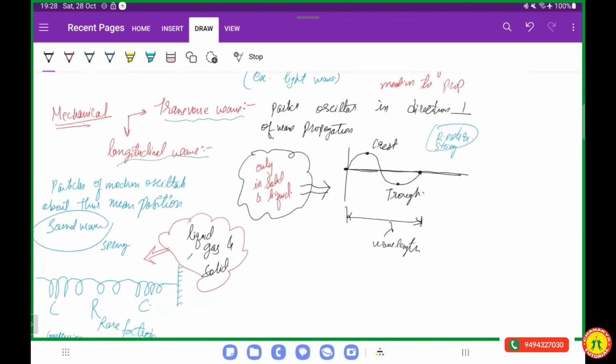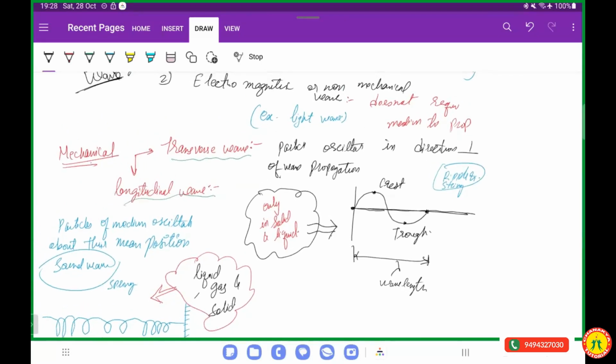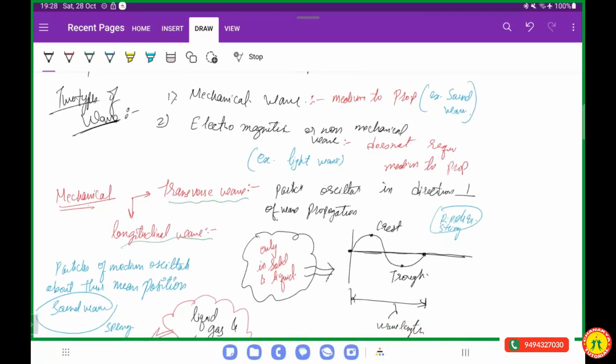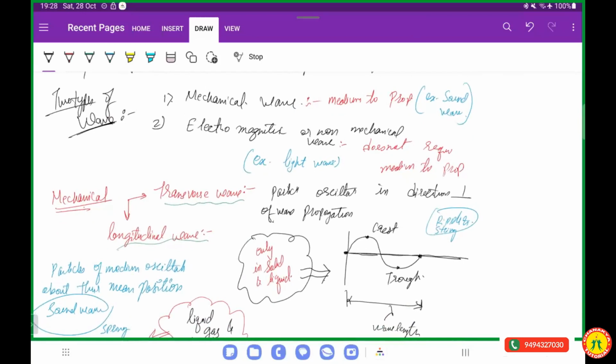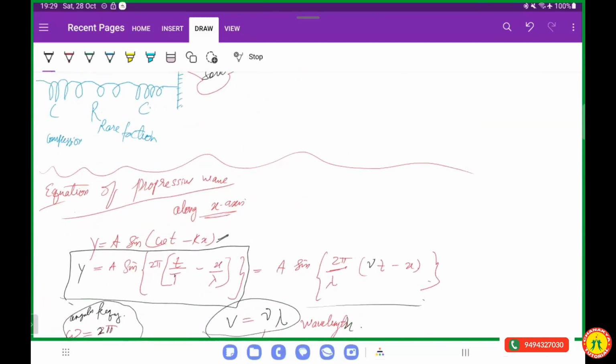Just one difference, whatever you remember. Mechanical needs a medium to travel, and non-mechanical doesn't need a medium. It can go through vacuum, like light or EM waves, radiation. Very good. Mechanical needs a medium to travel, like sound waves. Super.